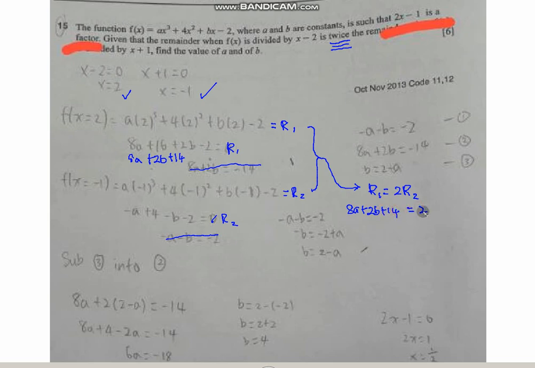Now what is R2? R2, if you have substituted correctly, is minus a minus b and then plus 2, minus plus 4 minus 2, which gives you plus 2.